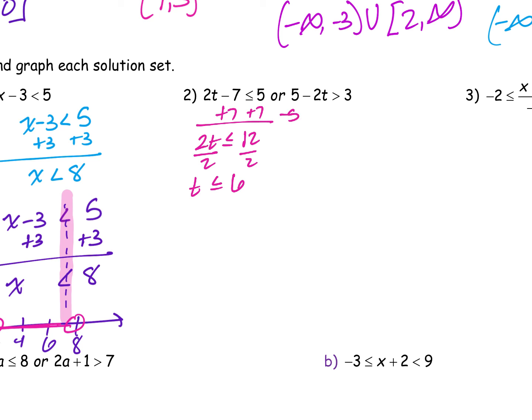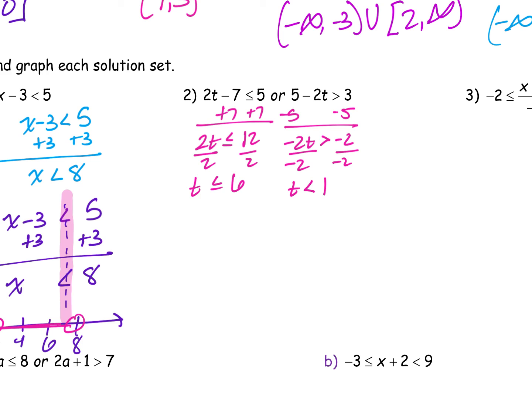And then on the second equation, what do I need to do? Minus 5. And I get negative 2t is greater than negative 2. And then I divide by a negative 2, so I get t is less than 1. So remember, I divided by a negative number, so my inequality sign needs to switch, yes?